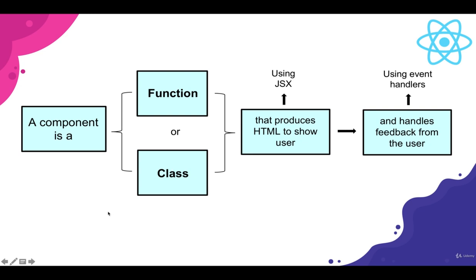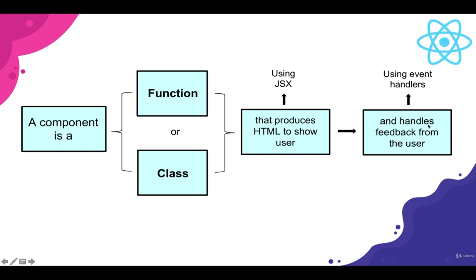But before we get into it, I want to remind you of something that we spoke about, could be a long time ago. When we started this course, we discussed what a component was, and I had said something like a component can be a functional component or a class based component, and that we use these to produce some content to show the user.